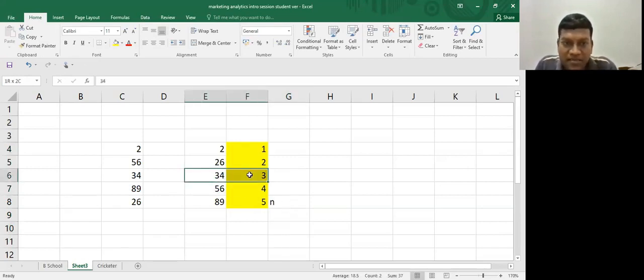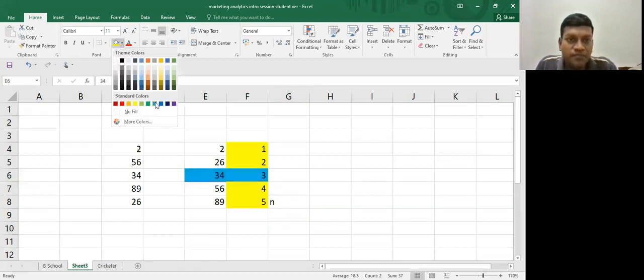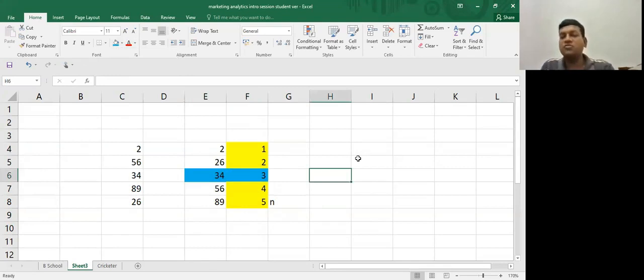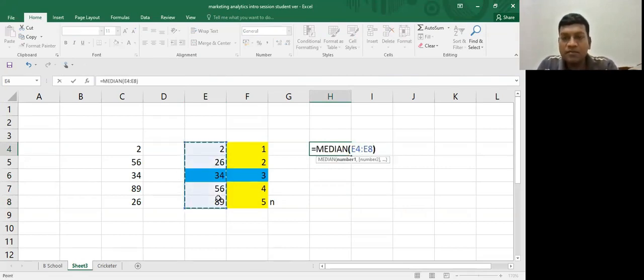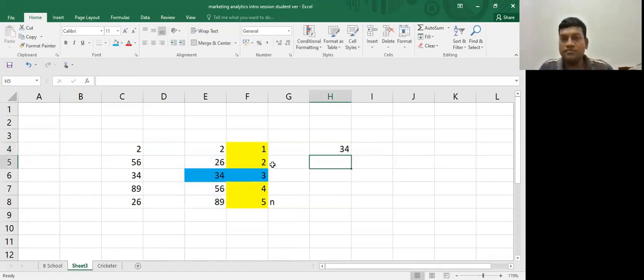So the third number is going to be our median, that is 34. The same thing you can get using the formula equal to MEDIAN, taking the data set: 34. Correct.